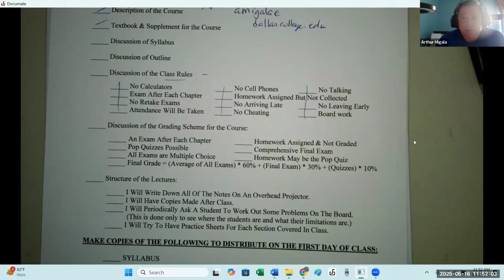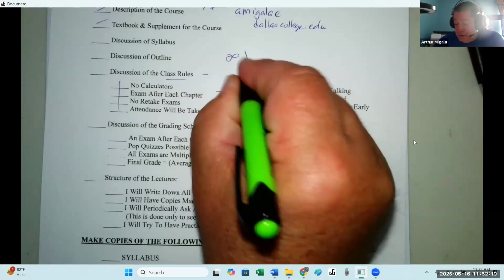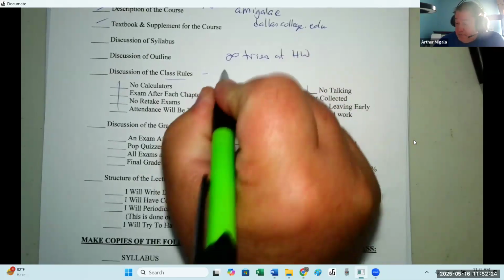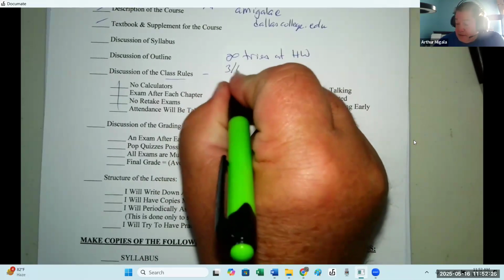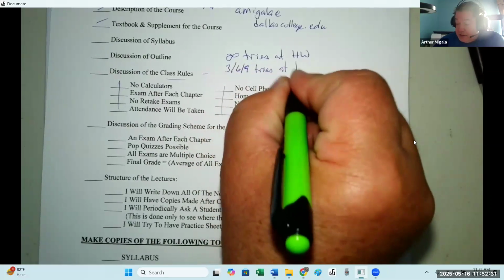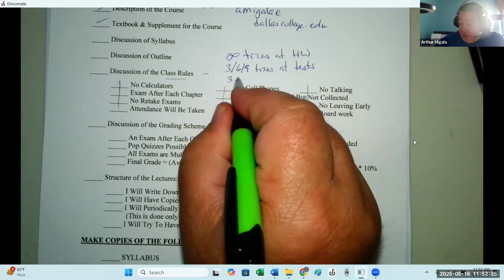Also, because of the length of this course, we won't have a final exam per se. What I'm going to do is take the average of all your exams, and that will be your final exam grade. So infinite tries at homework, 3 or 6 tries at tests, and I only keep the best scores.